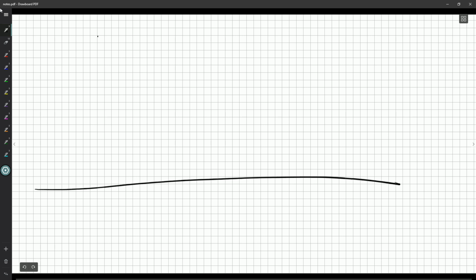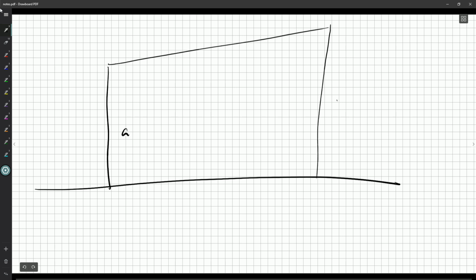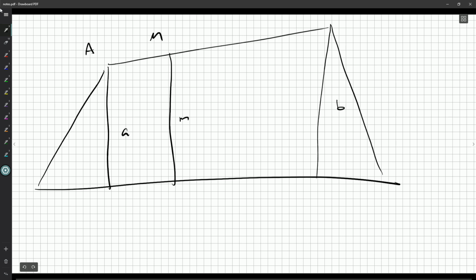Well, we've got to use this information somehow, so I've got my base, I've got some heights. M is somewhere about here, so A, M, B. Okay. And I know if you call this D, this would be K minus 1 D, and the whole thing would be KD.